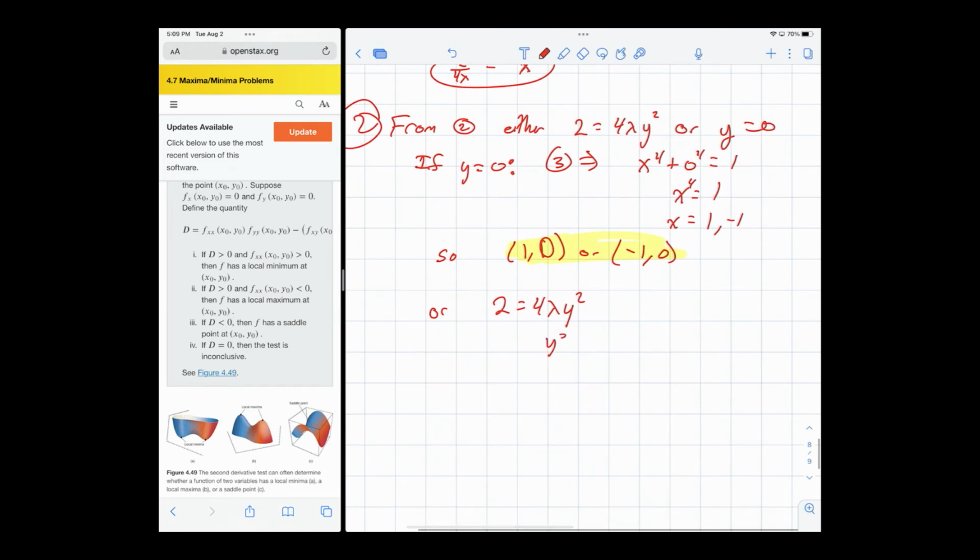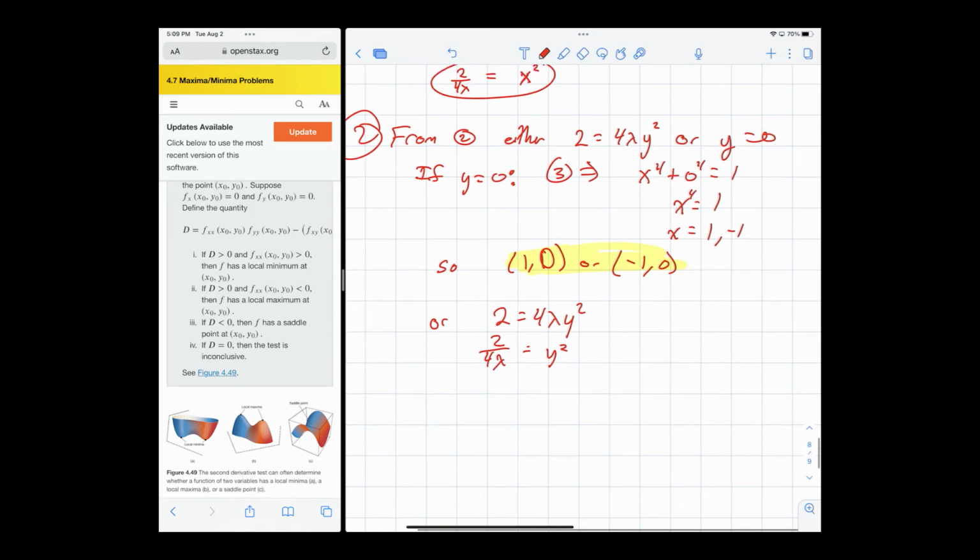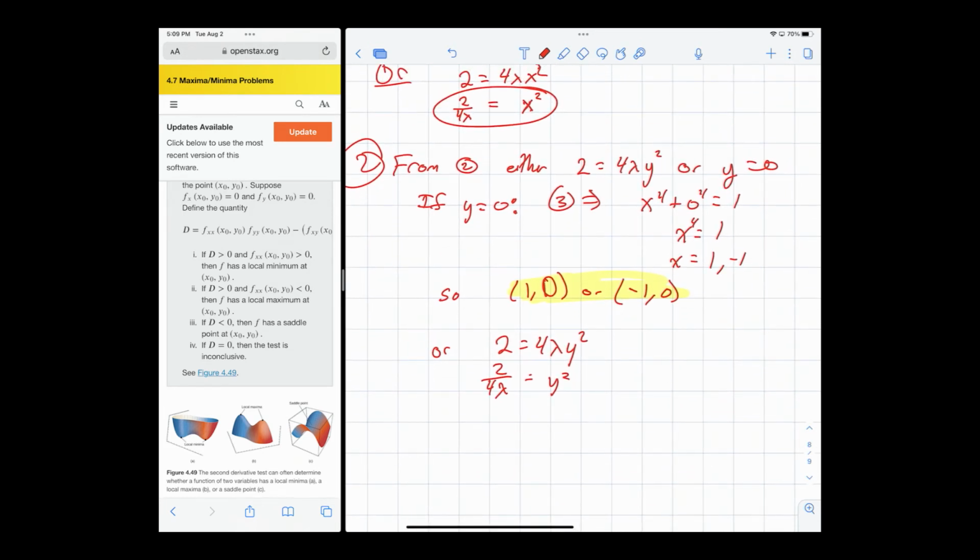which would mean that lambda squared is 2 over 4 lambda, just like what we had up here. Now you can cancel a 2 and make this 1 over 2 lambda. Also here, 1 over 2 lambda.